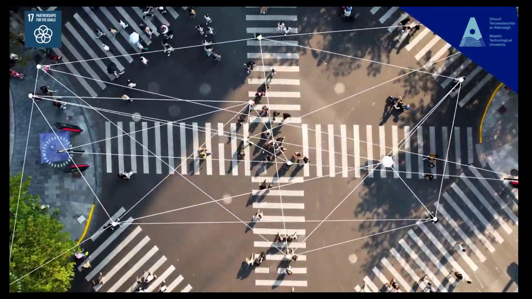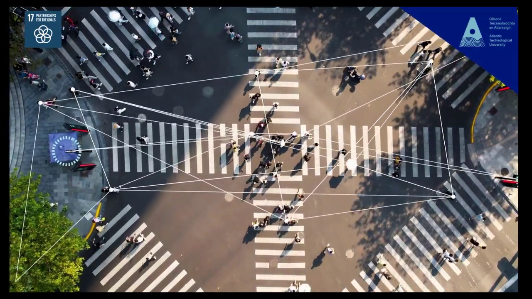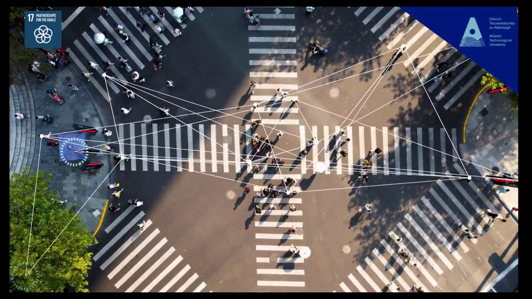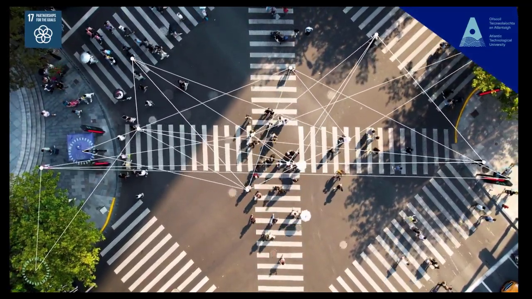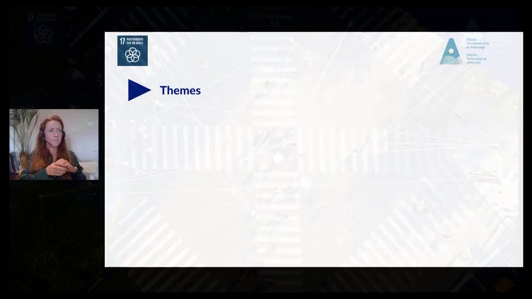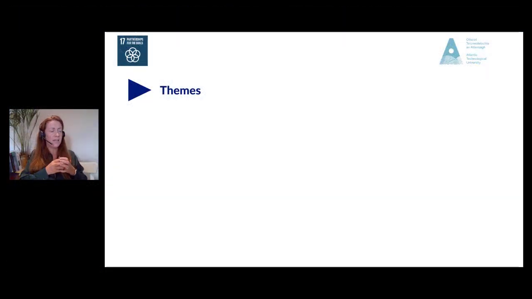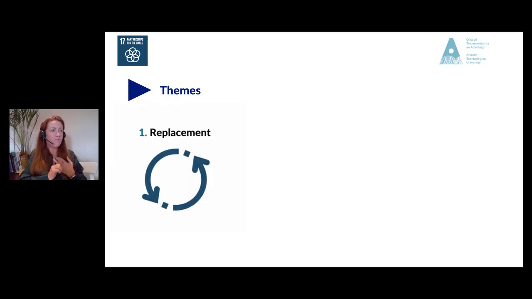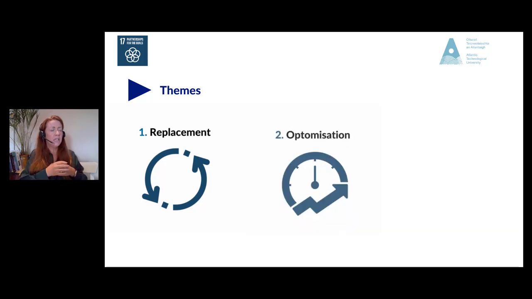We're gathering data, but we can use that data in a better way to inform innovation and achieve the Sustainable Development Goals. And if we look at themes, I suppose the first is the concept of replacement, that technologies can replace manual processes that are extravagant or anti-environment.